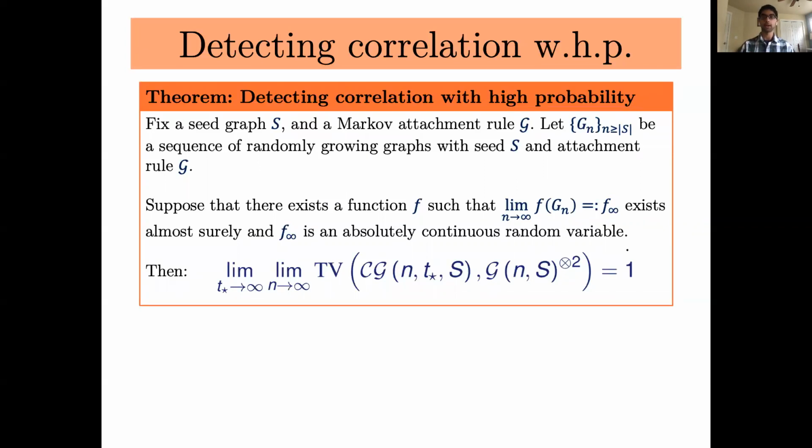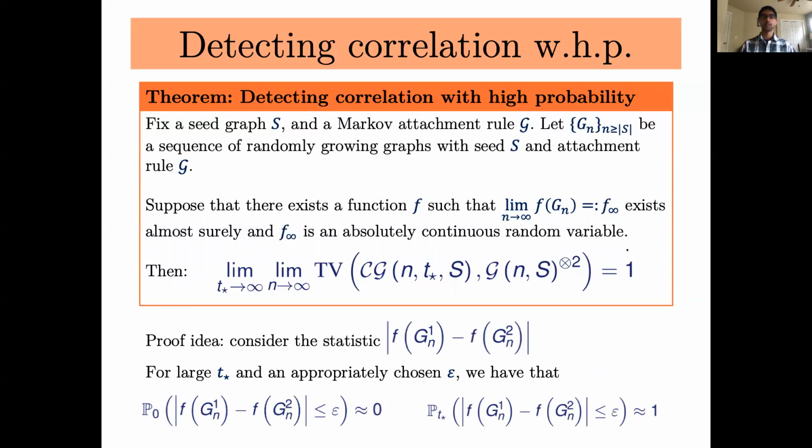Then the proof of the theorem is quite intuitive. It essentially suffices to look at the absolute difference between f of gn1 and f of gn2. If the two graphs are independent, then f of gn1 and f of gn2 are independent random variables that are absolutely continuous.